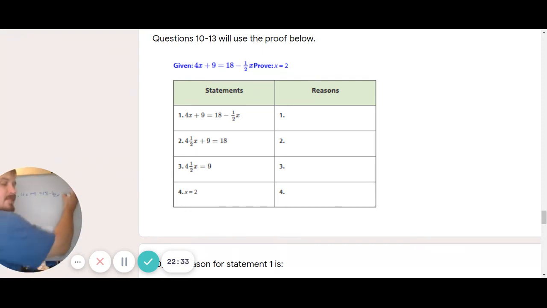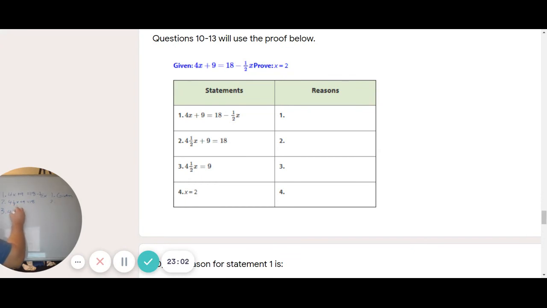And what's the reason for that? What is step 1? Step 1 is always given. Okay. And we have 4 and 1/2 x plus 9 equals 18. So let me write all these down. So you can press pause, or, well, you try this. Press pause, try it, and then you can press play, and we'll go through the whole thing.